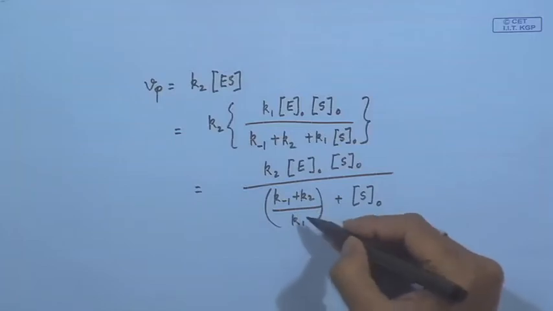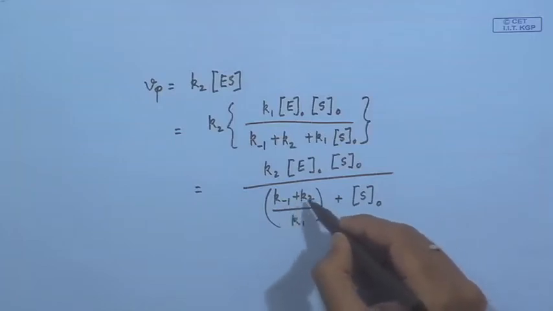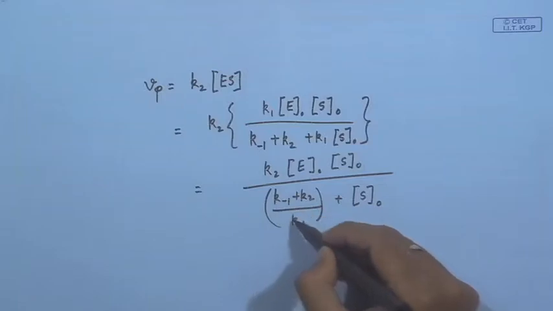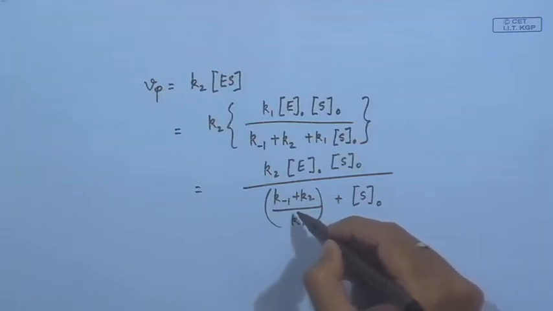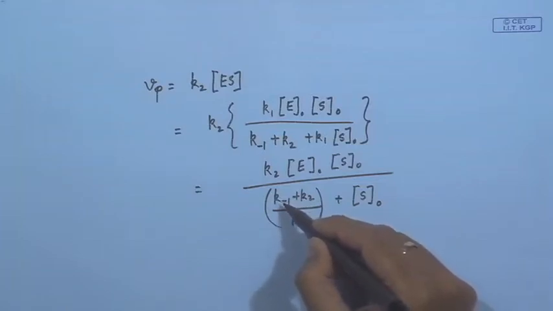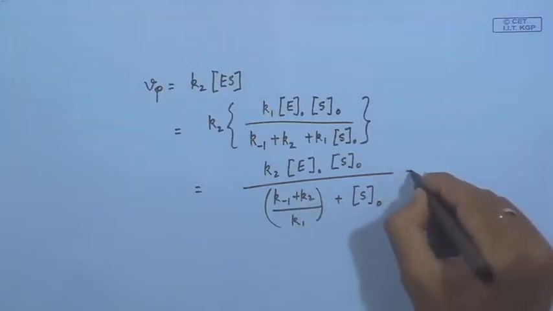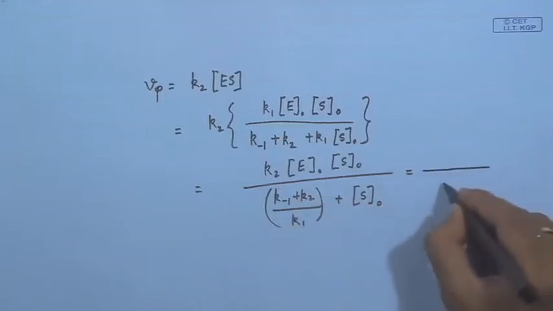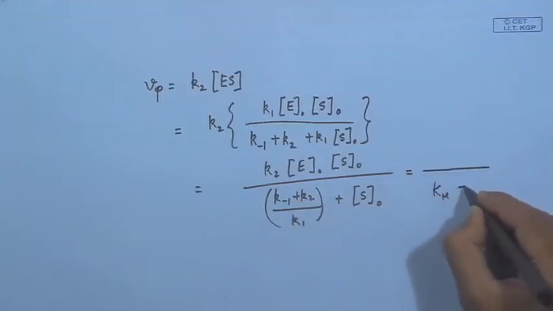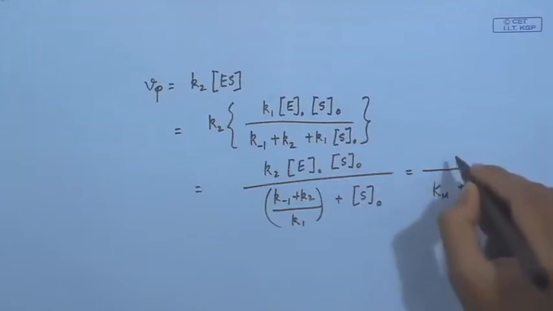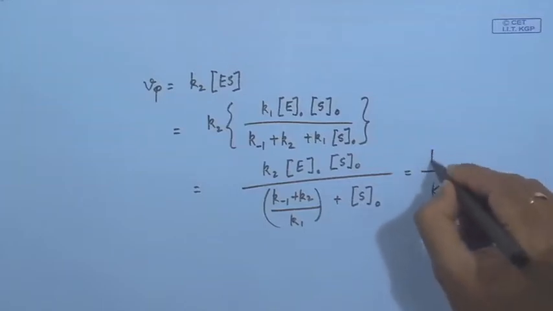So, let us call, so this is basically a combination of 3 rate constant terms. So, this is for the forward and these two are for the equilibrium state, that is equilibrium steps of formation of this Es and then dissociation of Es to E plus S. So, therefore, let us give a new name, Km plus S0, which is called the Michaelis constant, Michaelis-Menten constant.